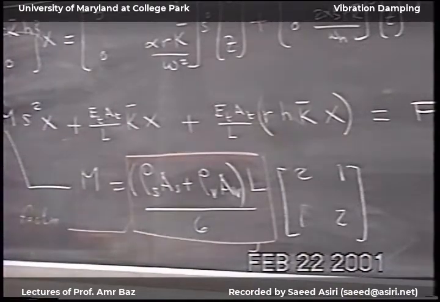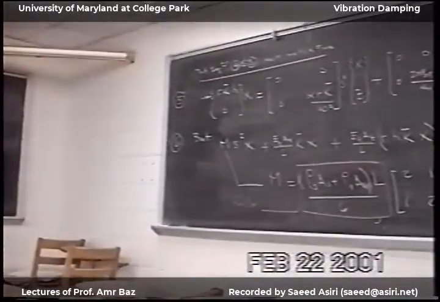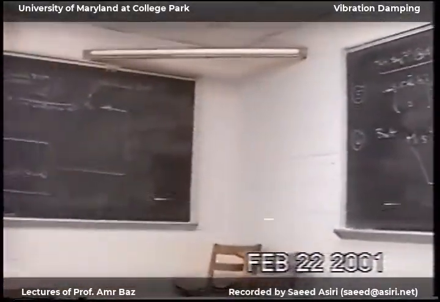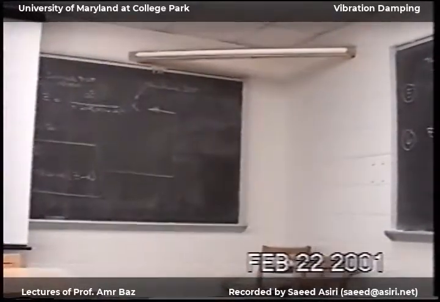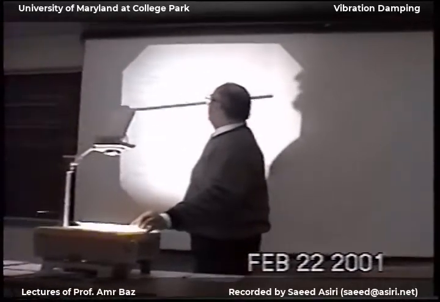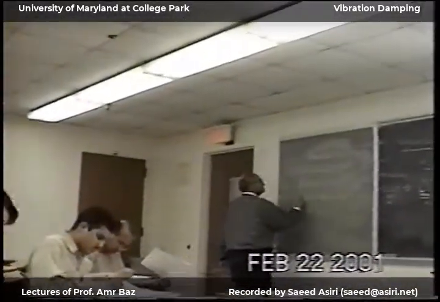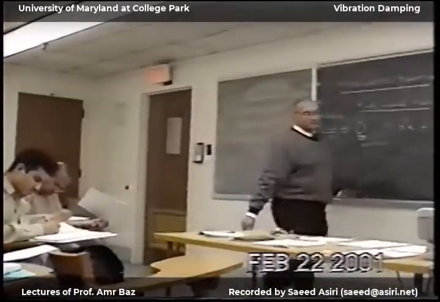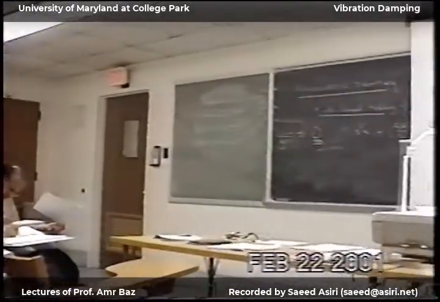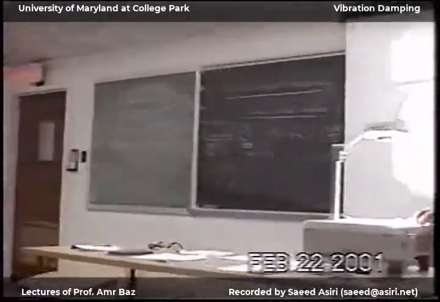So the factor for the structure is the total longitudinal rigidity, E times A of the viscoelastic, E times A of the structure divided by L, and then for the mass, density times area. Now I put the stiffness matrix of the element.